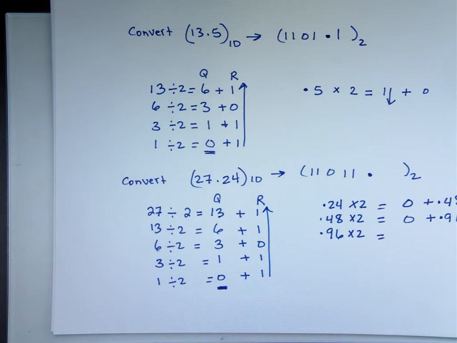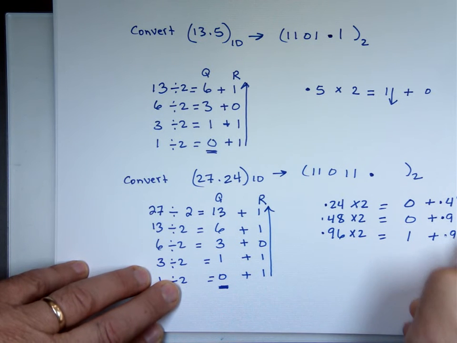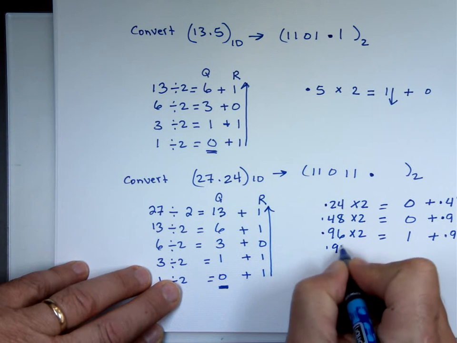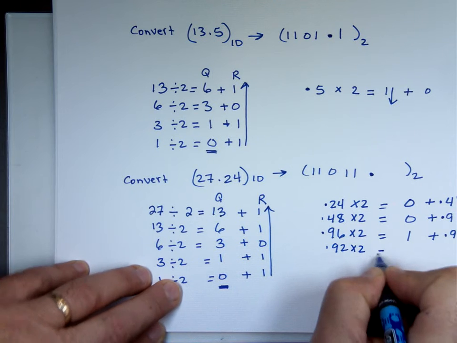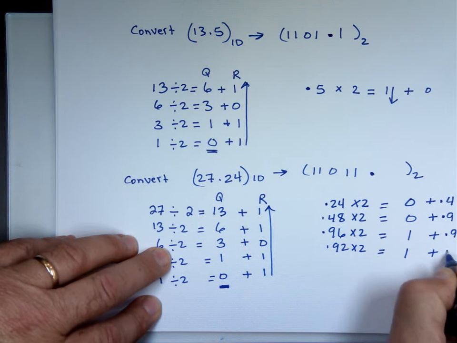What's 0.96 times 2? I know the answer. 1.92, so it's 1 plus 0.92. What's 0.92 times 2? 1 plus 0.84.